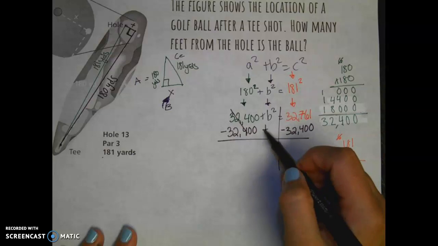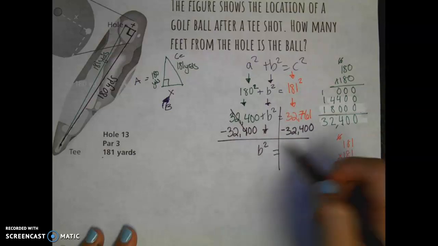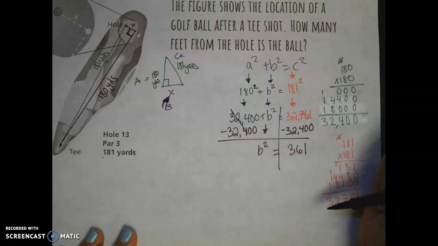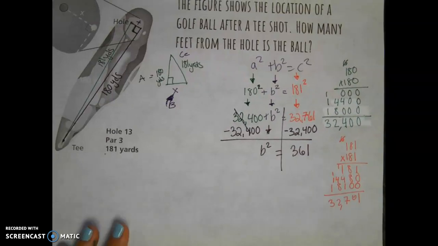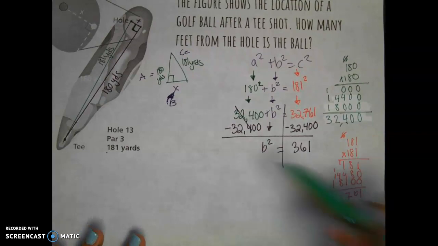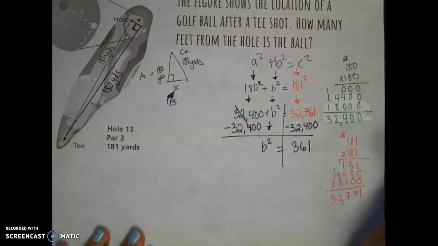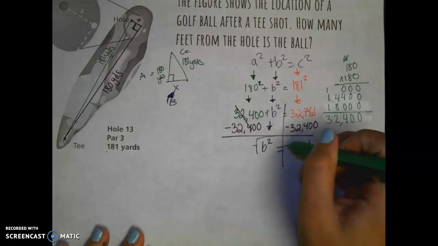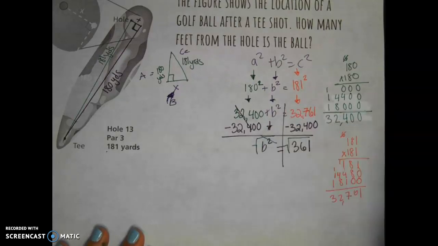So now I'm left with B squared equals 361. Now you can take the square root of both sides. B is by itself, and on the other side, it's just one number. Take the square root to undo the squared.